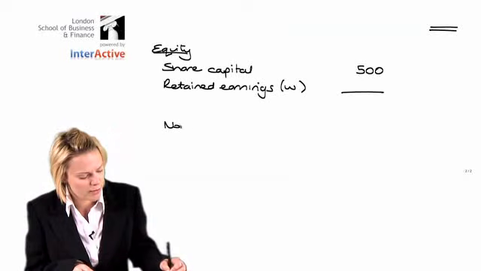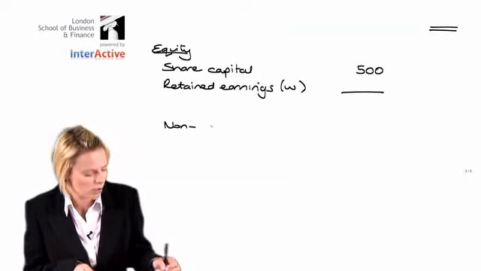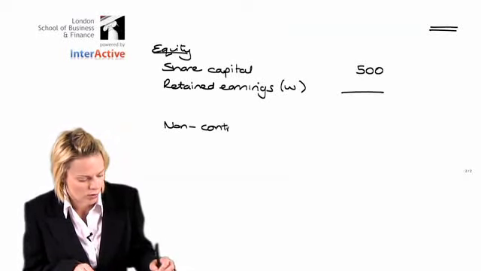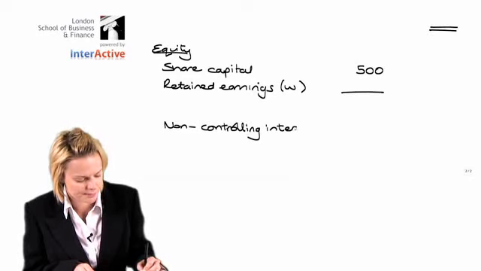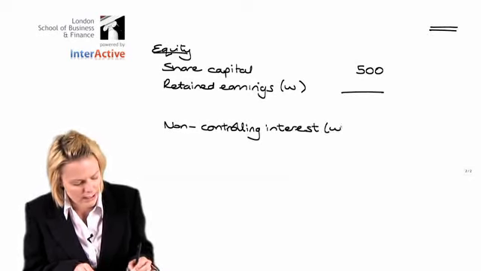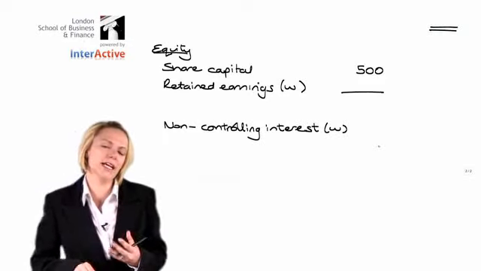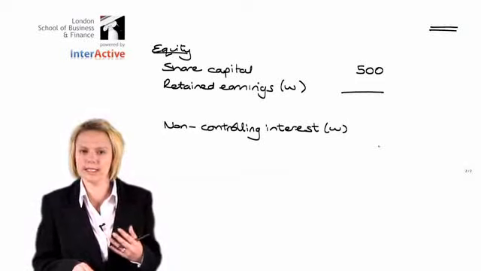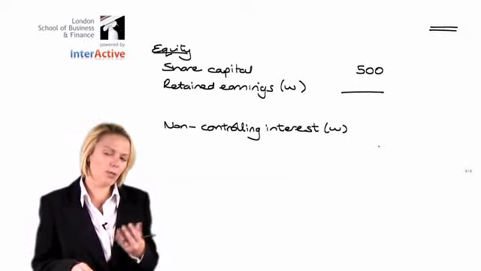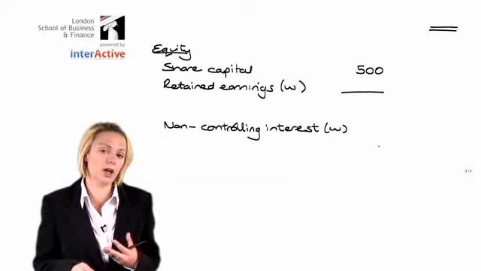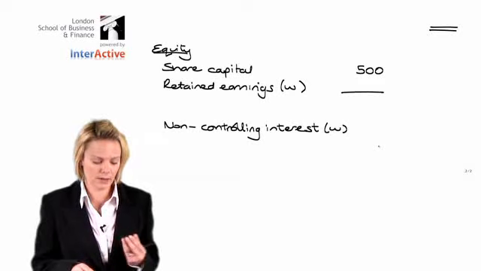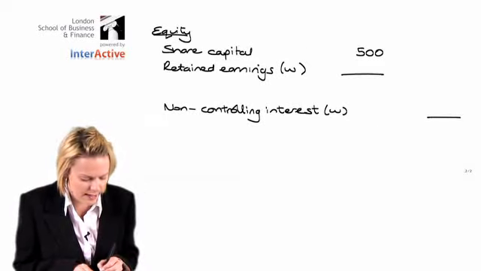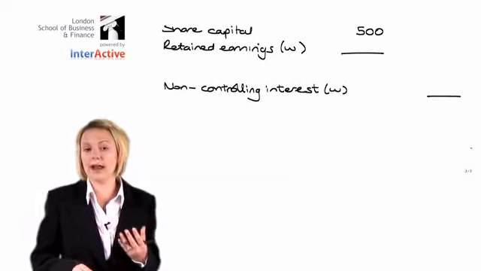We then got to remember to add in an extra line called non-controlling interest. We need to put a value to the investment in Company S that Company P does not own, the other 25%. That will always be a working, and we'll see those workings shortly. But draw a line underneath that, and that's going to give group equity.